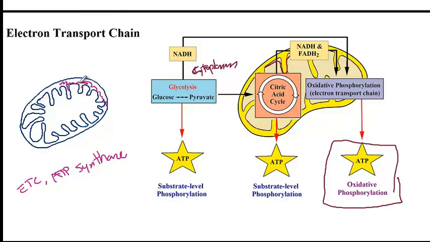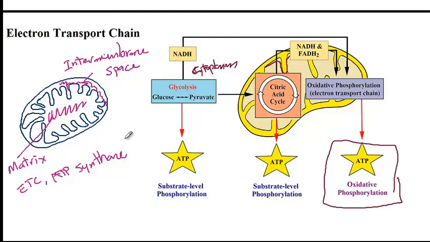The space between the inner membrane and the outer membrane, so the space right here, this is called the intermembrane space. And the space bounded by the inner membrane, the space right here, is called the mitochondrial matrix. And this mitochondrial matrix, as we just discussed, contains all the enzymes required for the citric acid cycle and the fatty acid oxidation.